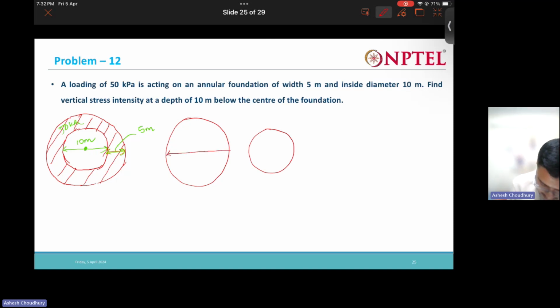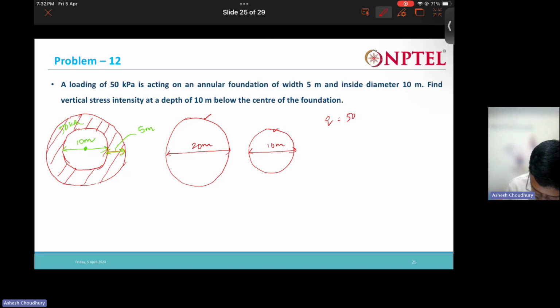One with diameter 10 plus 5 plus 5, this is 20 meter. Another with diameter 10 meter. So we can calculate for this, and then deduct, so that we get it for the annular portion only.